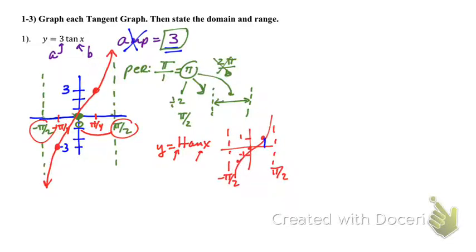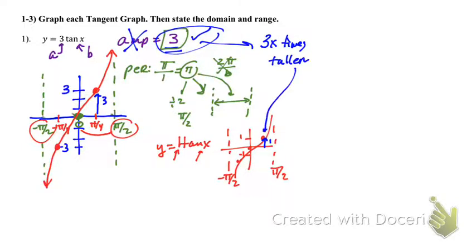So what's the height right there? It's 1. What's our height over here? 3. How did that happen? That's how that a value kicks into play. What did this a value do? It made it 3 times taller, if you want to think about it that way. That point became 3 times taller, and this one over here went down 3 times further.